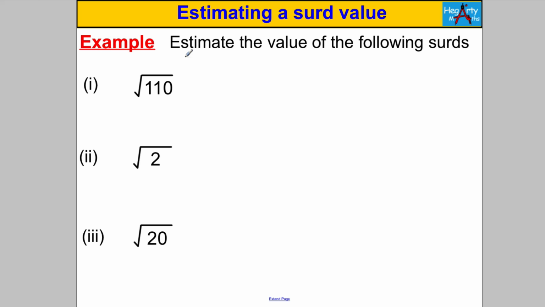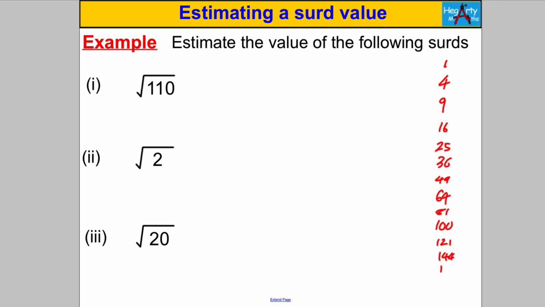Before I do that, it's really helpful to have my square numbers, so I'm going to write them down the page. 1, 4, 9, 16, 25, 36, 49, 64, 81, 100, 121, 144, 169, 196, which is 14 squared, and 225, which is 15 squared.